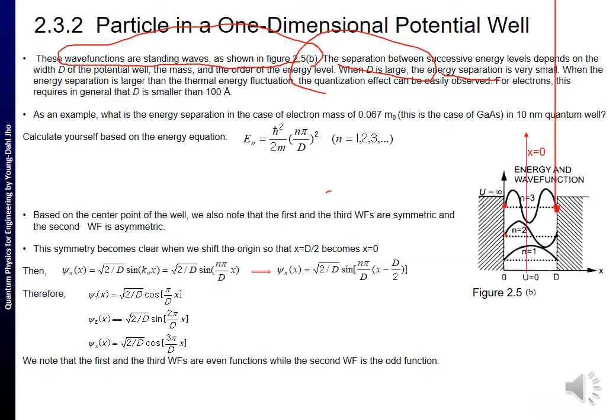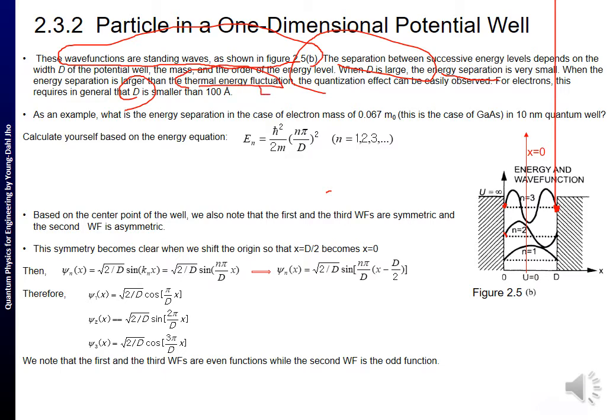As an example, we additionally consider the concept of when the energy separation is larger than the thermal energy fluctuation.